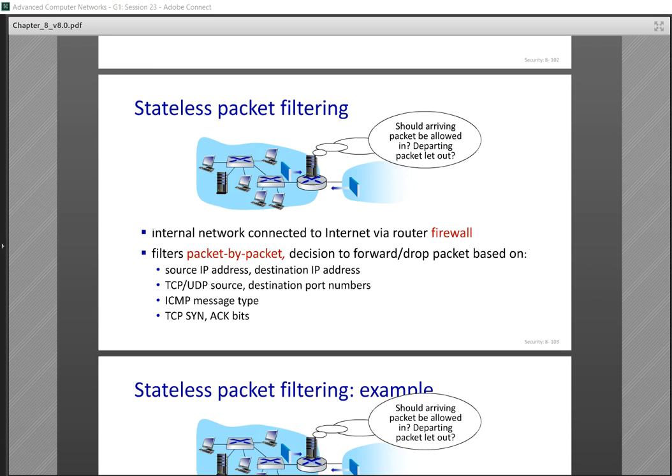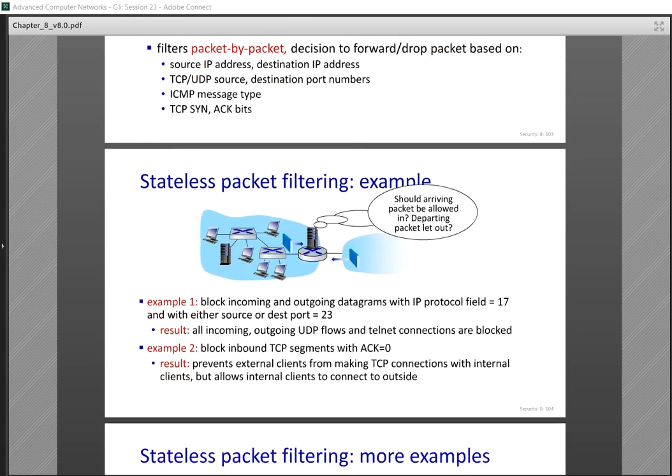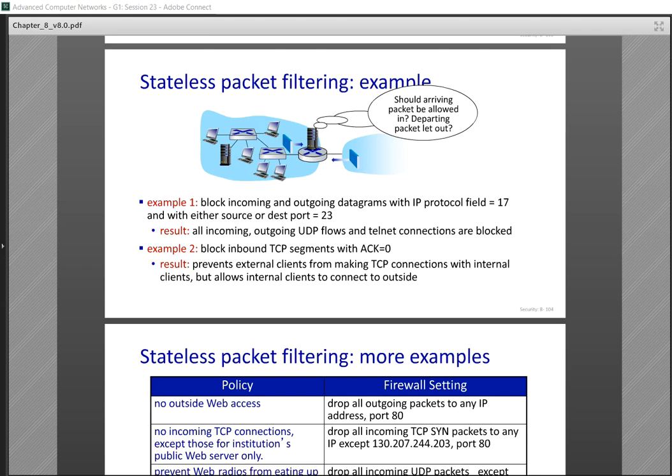For example, what should I do with ICMP packets? What should I do with TCP SYN or TCP acknowledge packets? Maybe the firewall checks all of them, and then it can make a decision about that packet.